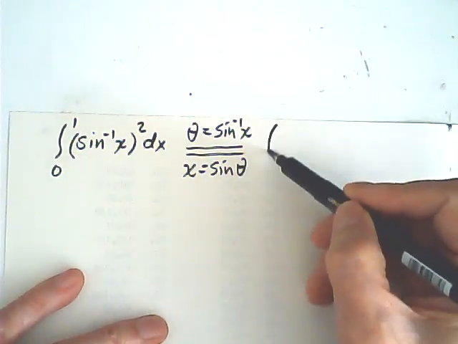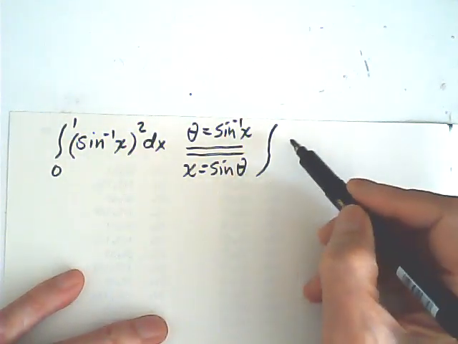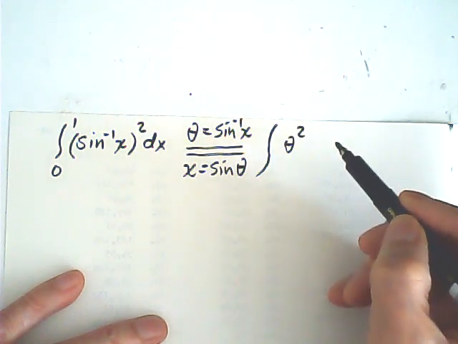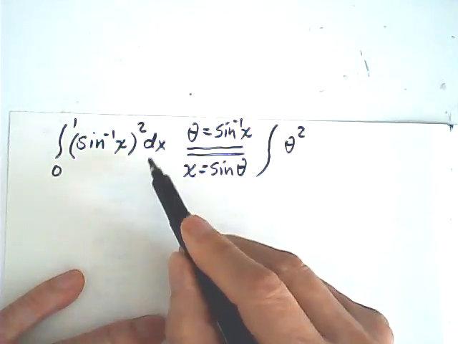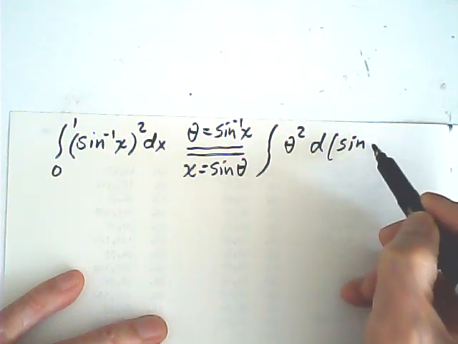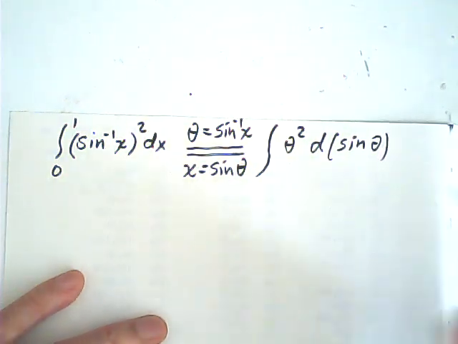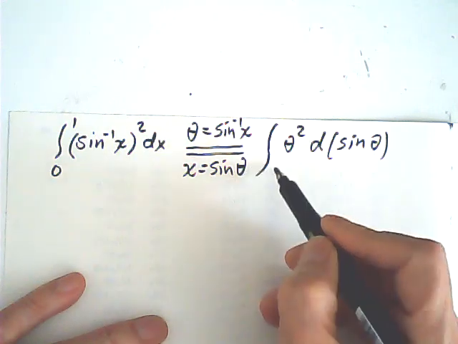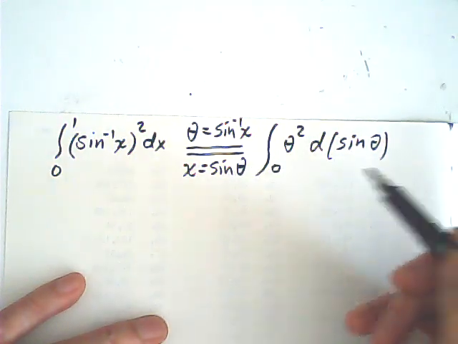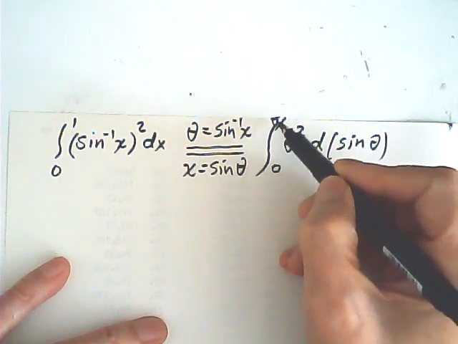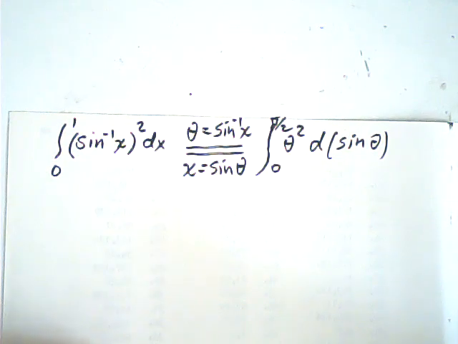And this integral becomes theta squared d sine theta. As easy as this. When x equals 0, theta is 0. When x equals 1, this is half pi. Okay?